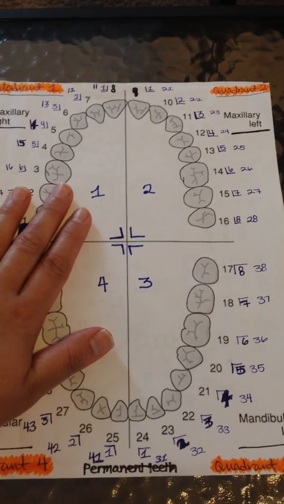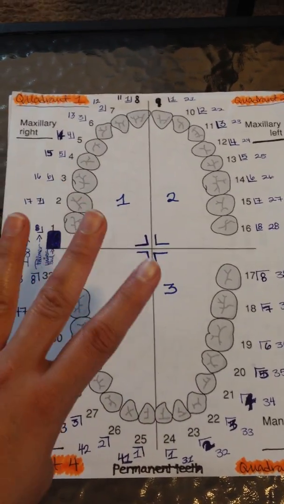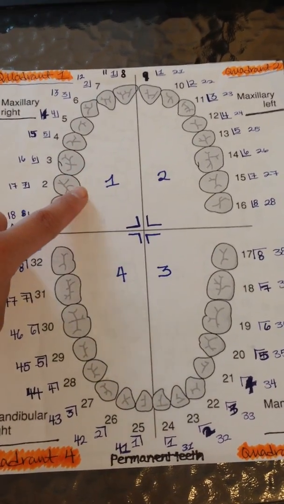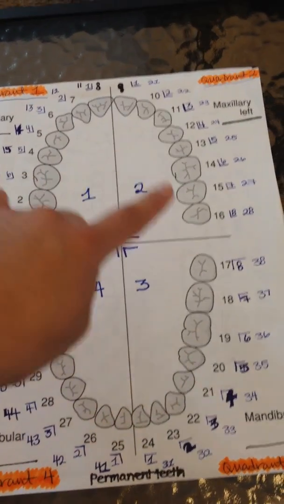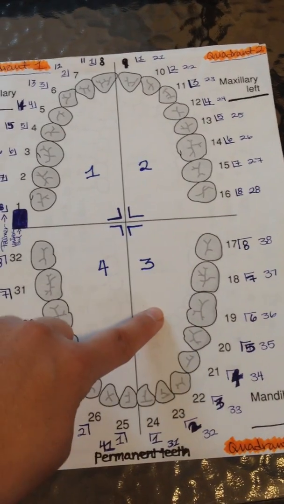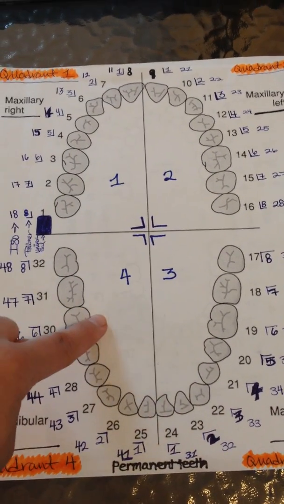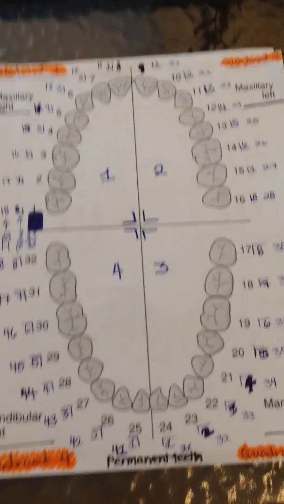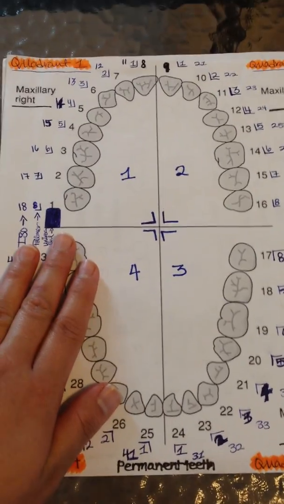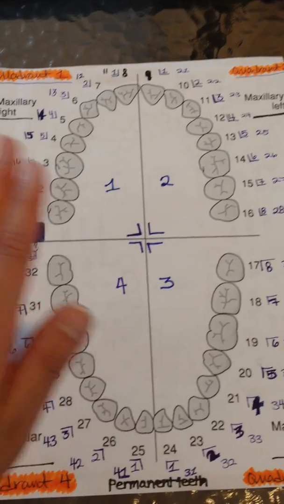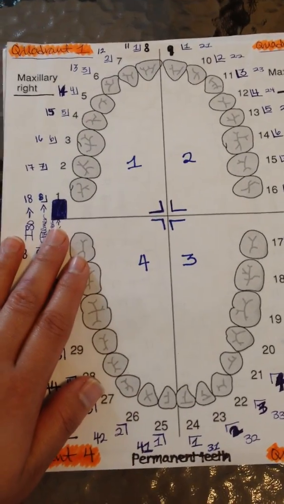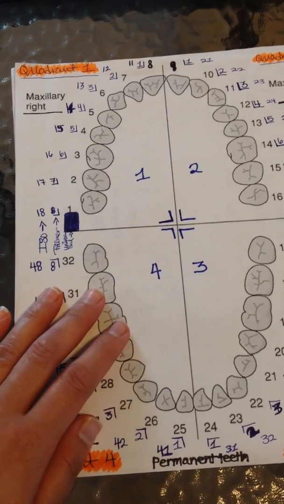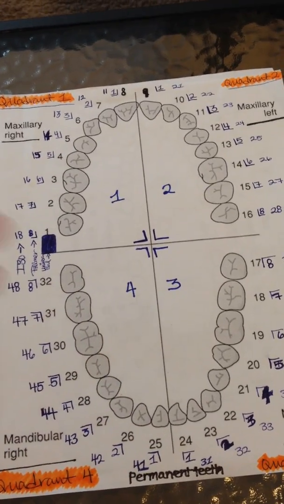We divide it into 4 sides, which are first quadrant, second quadrant, third quadrant, fourth quadrant. It makes it easier for the dentist to tell the dental assistant which quadrant we're going to be working on when we're doing fillings, extractions, and root canals.